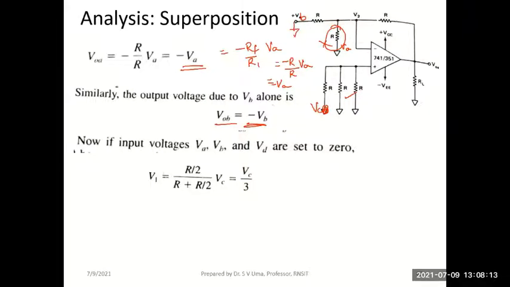Even this is grounded. All these are grounded. So what will happen to the output voltage? Can you tell me? We had already done this. VC through R and the effective combination of these two resistors in parallel will be R by 2. So can I find what is the voltage at this terminal?